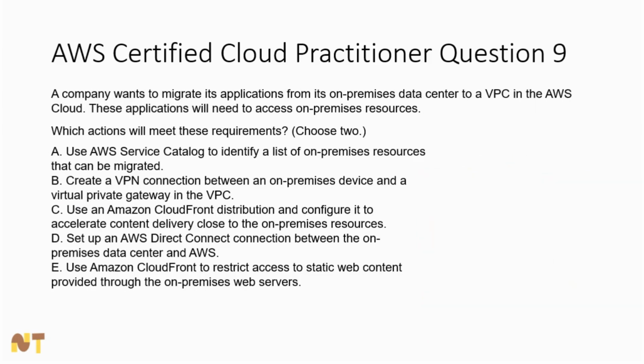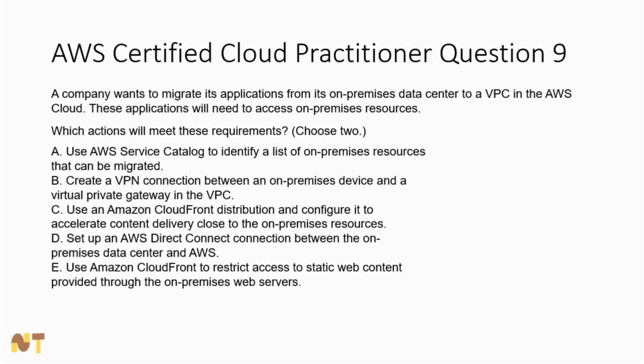A company wants to migrate its application from its on-premise data center to a VPC in AWS Cloud. These applications will need to access on-premise resources. Which actions will meet these requirements? Choose two. Options are A. Use AWS Service Catalog to identify a list of on-prem resources that can be migrated. Option B. Create a VPN connection between an on-premise device and a virtual private gateway in VPC.